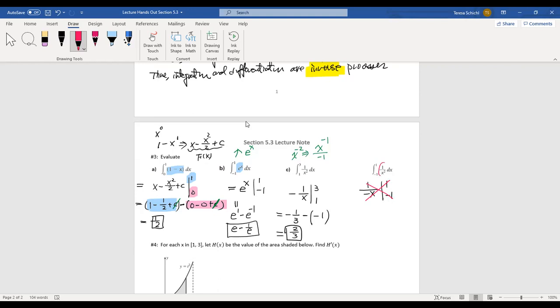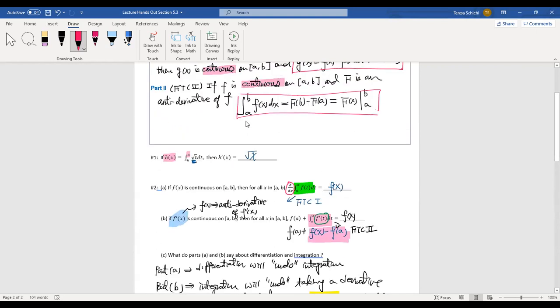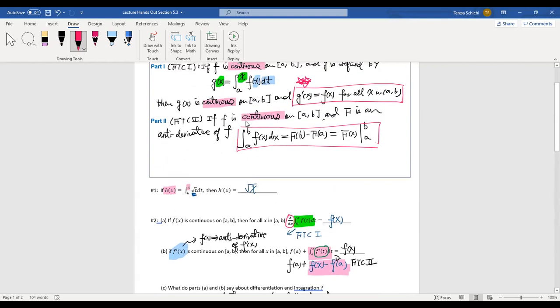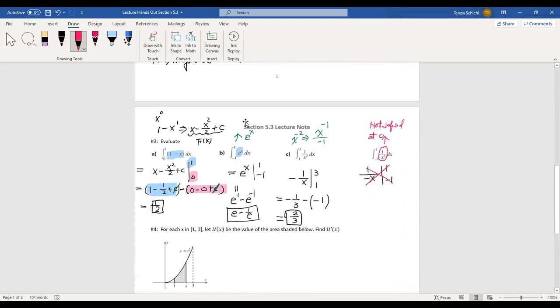Because if you look at this function here, it is not defined at 0, so this function is not continuous at 0. It violates our definition. The very important requirement is that it has to be continuous, but this one is not, so it violates our assumption.